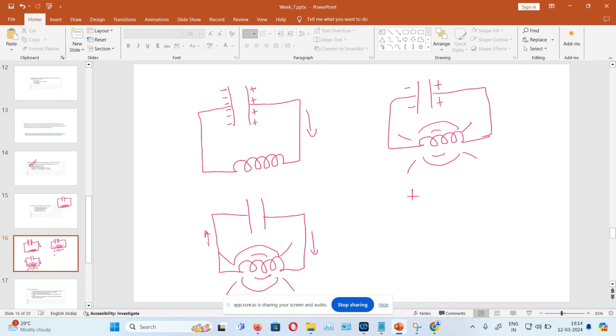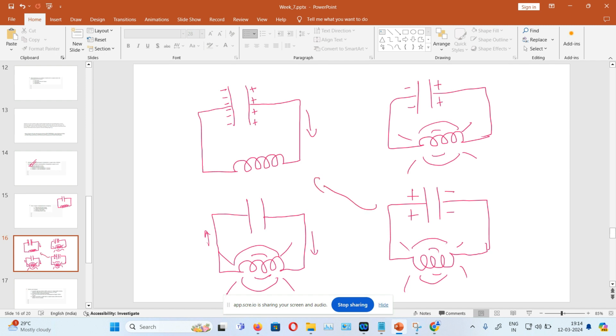The capacitor will start getting charged in the opposite direction, and the inductor's magnetic field will decrease. Sorry, it will not come back to the initial position, it will come to a state in which the capacitor is charged in the opposite direction.